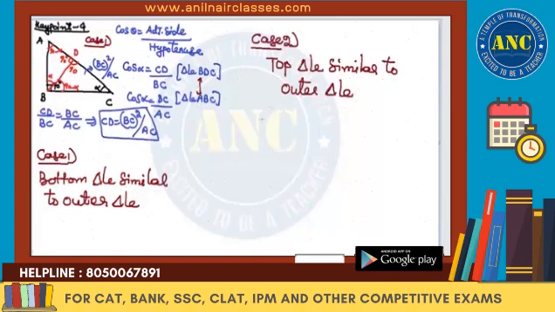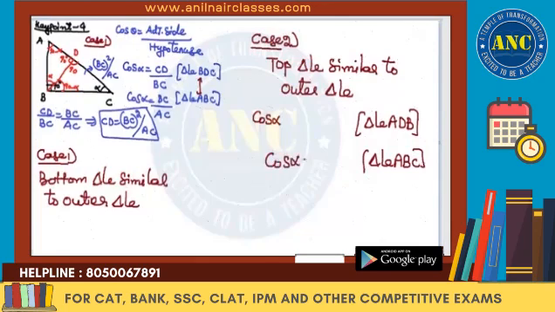Same thing. Suppose I take cos alpha. I am taking triangle ADB, and I will do it with respect to triangle ABC. What is that cos alpha we got in triangle ABC? You take cos of 90 minus alpha.